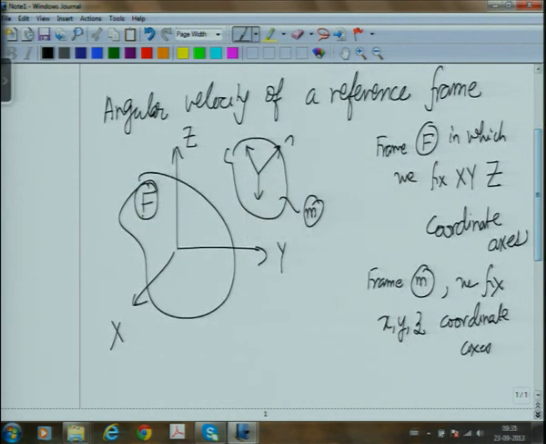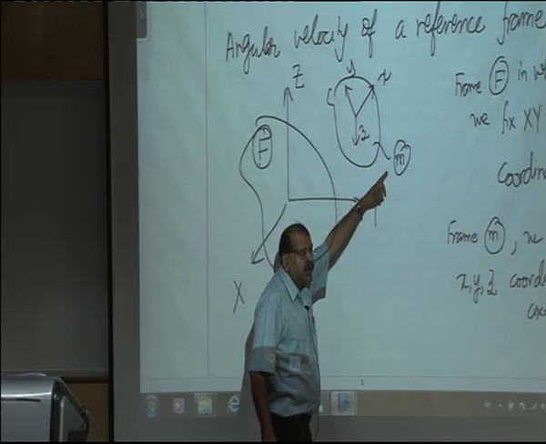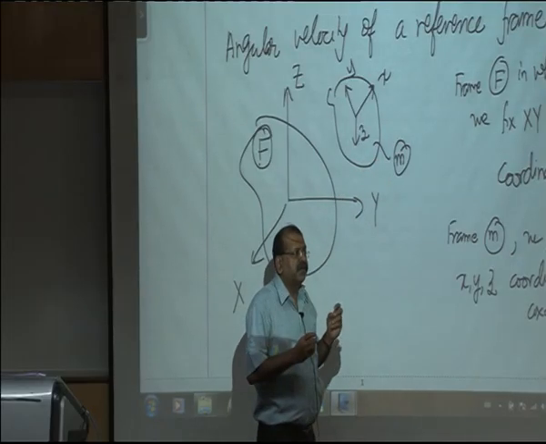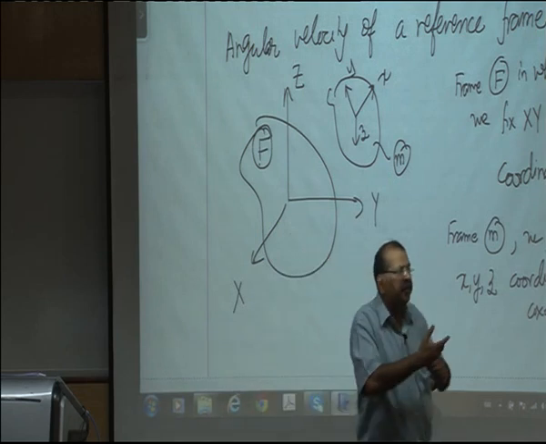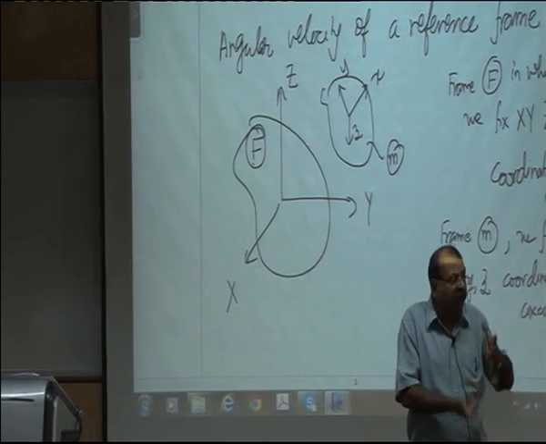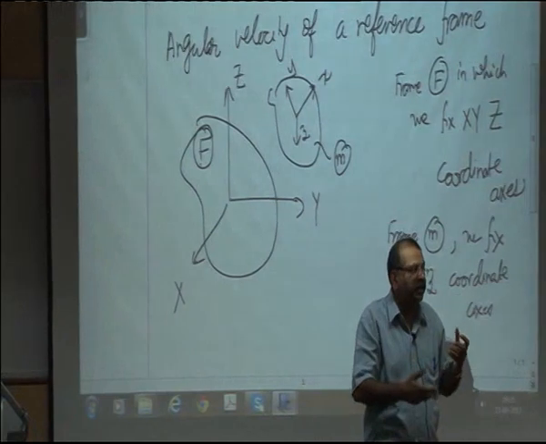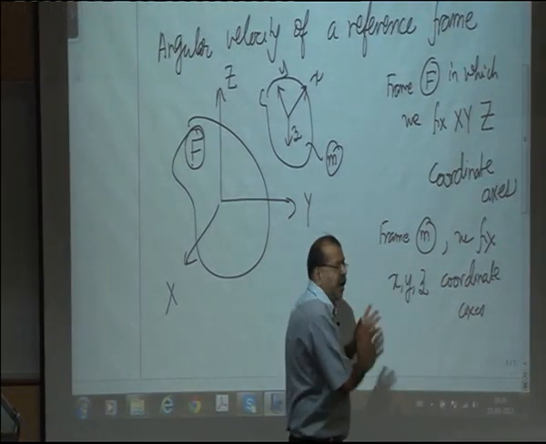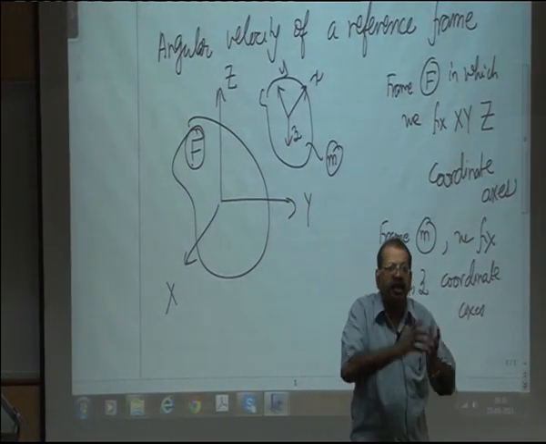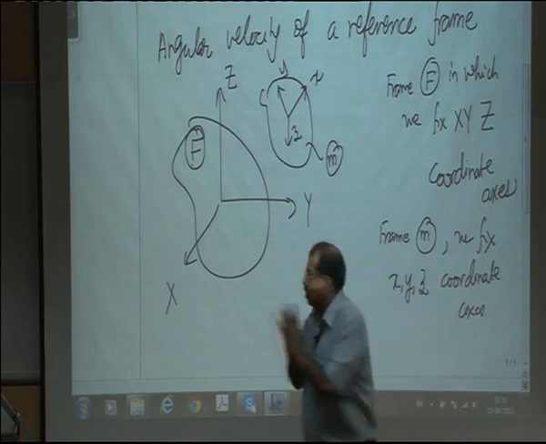So small xyz are now fixed in frame small m. Okay. Now we will observe the motion of m with respect to f. So with respect to f, m could be moving and it could also be rotating. That means the direction of axis small xyz could be changing. Okay.